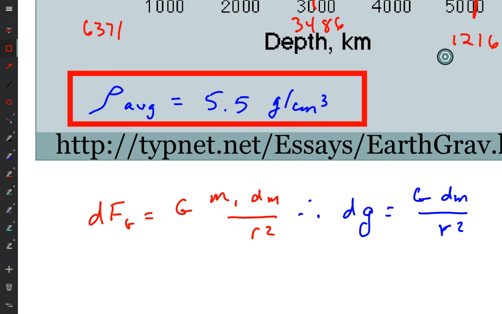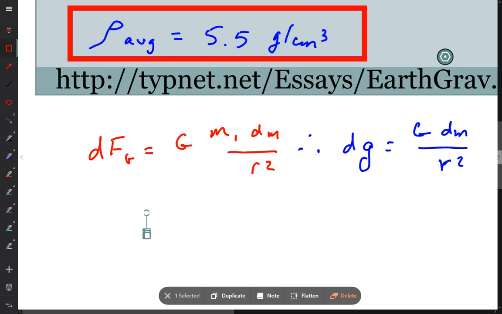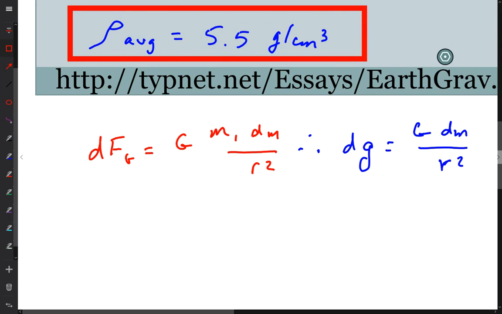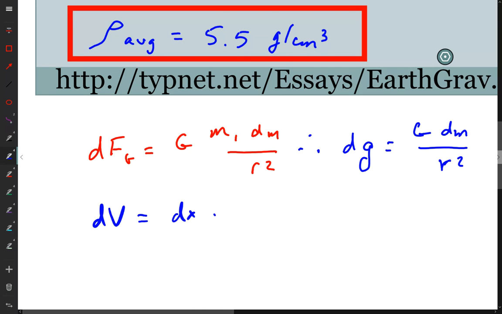Well, that little piece of mass is associated with a little piece of volume because we have a real object. So we're going to have dV, and depending on our coordinate system, dV could be dx dy dz, if we were using Cartesian coordinates, after Rene Descartes.